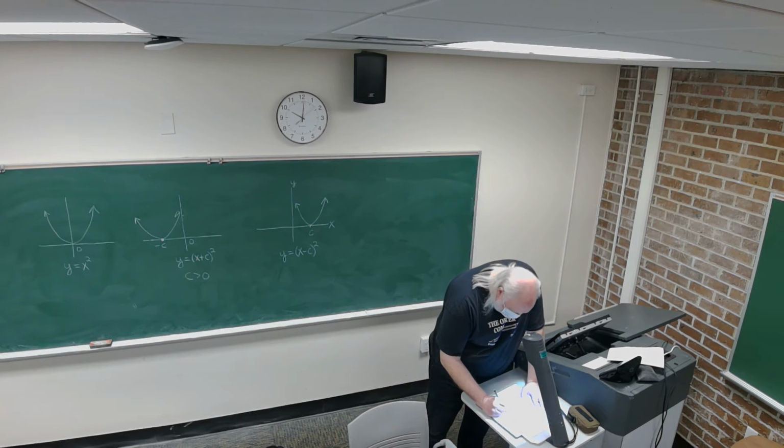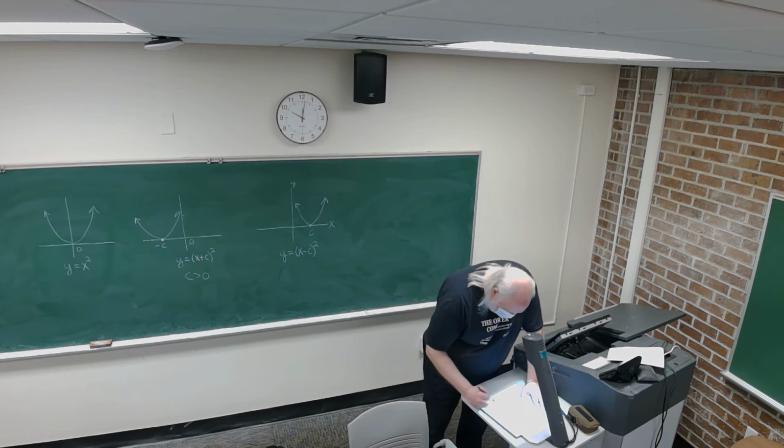So here's 4, -6. Here's 3, 0. Here's 2, 2. Here's the origin. Here's -1, -1. Here's -2, 0. And here's -3, 4.